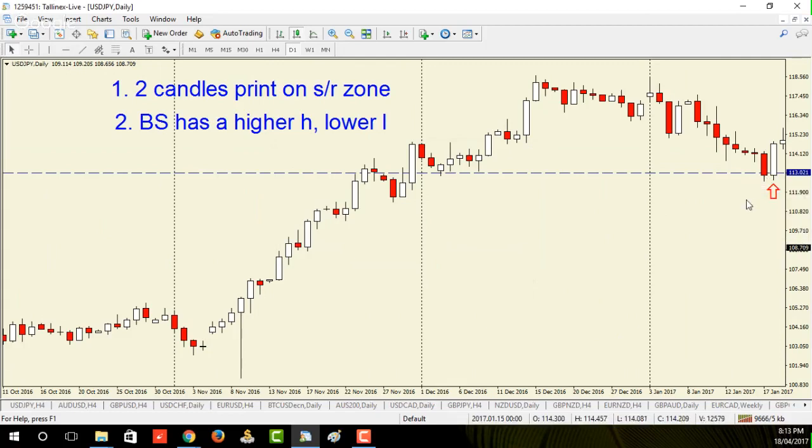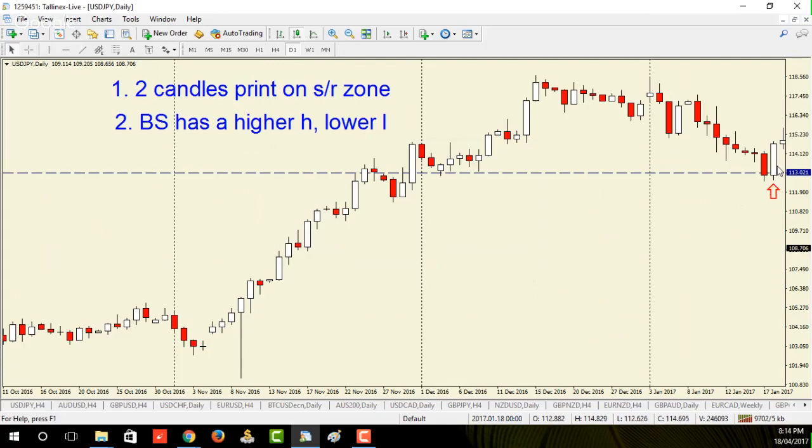And the reason why that's critical to me is because I want to see that the market tried to go lower. If I have a buy signal, which this would be, I want to see the market try to go lower and get rejected on my signal candle. I want my signal candle to send it lower and take out the trend followers and the breakout traders who have all their orders down here after the end of the day.